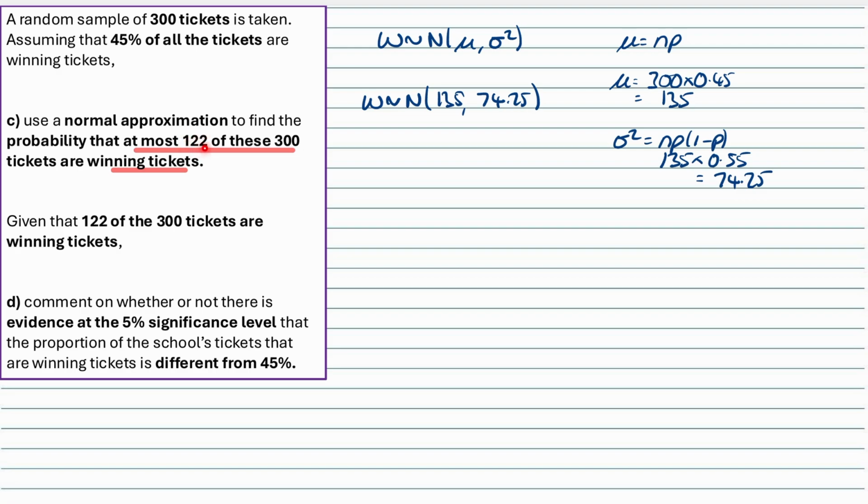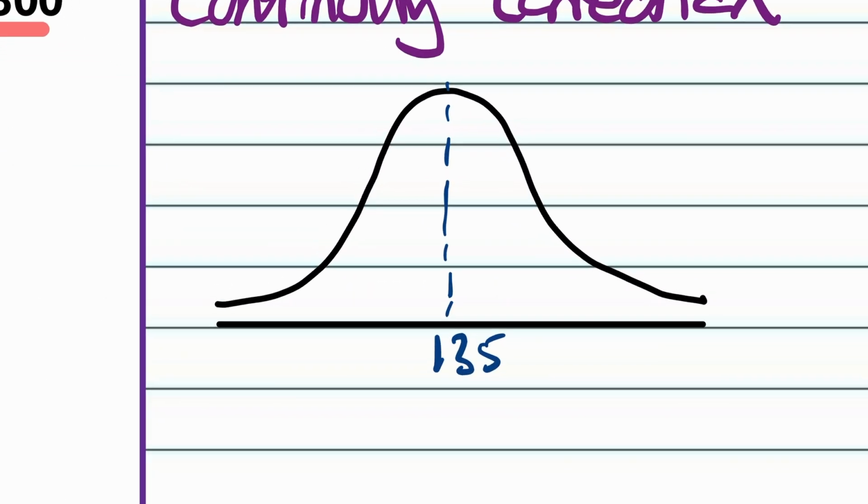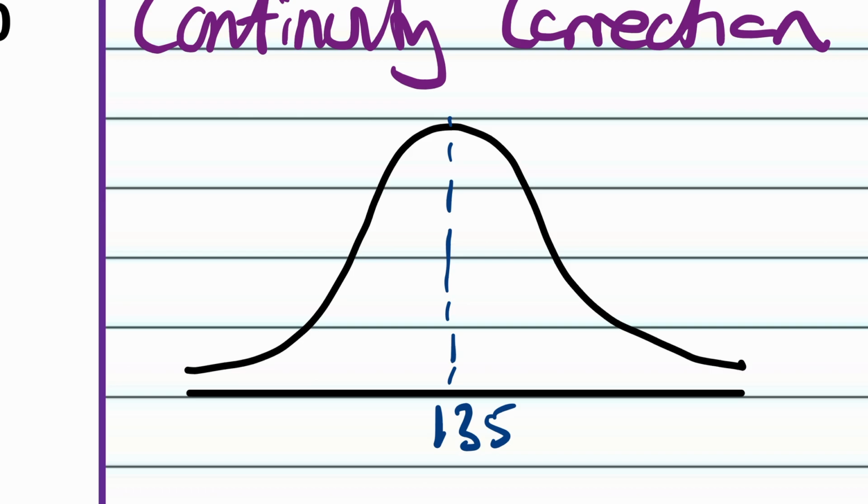But because this is a discrete value, and our normal distribution runs on a continuous scale, we need to apply continuity correction. So we'll have the average of 135. And if we zoom in on this, we want at most 122 winning tickets. So I'll put this here.